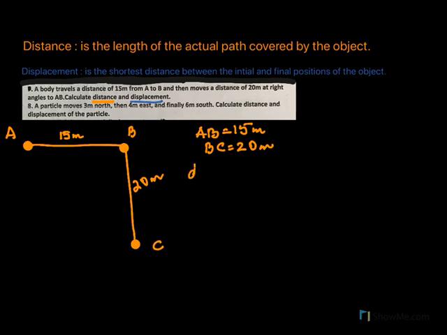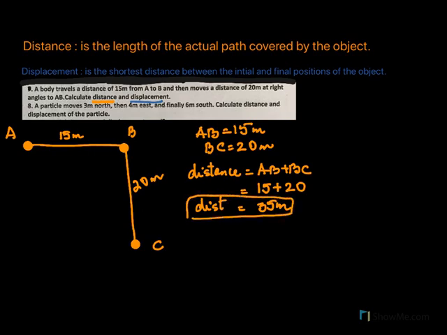So the actual distance covered by the body will be AB plus BC. This is the path traveled by the body. That is 15 plus 20, and that is 35 meters. This would be the distance traveled by the body.